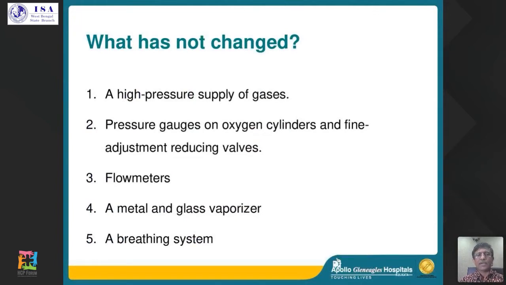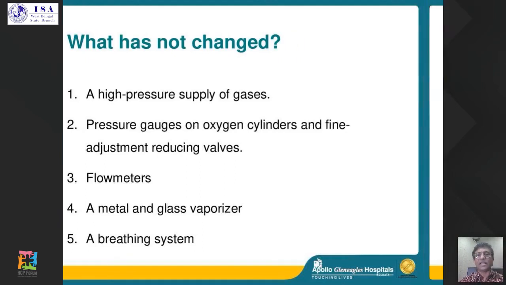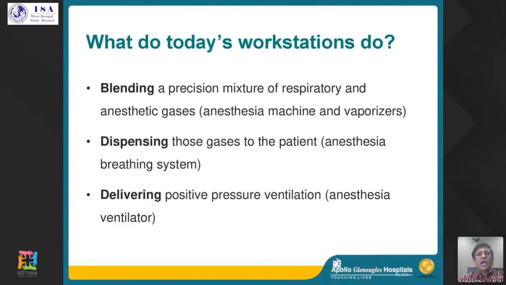And that is the high pressure supply of gases, the pressure gauges on the oxygen cylinders, and the fine adjustment reducing valves, the flowmeters, a metal and glass vaporizer, and the breathing system. You will see that the regulation will touch upon these kind of things as we go ahead.